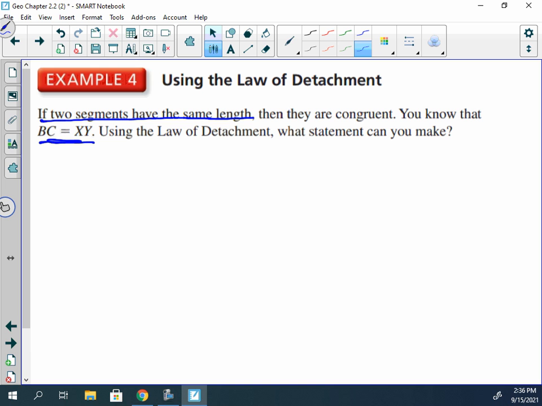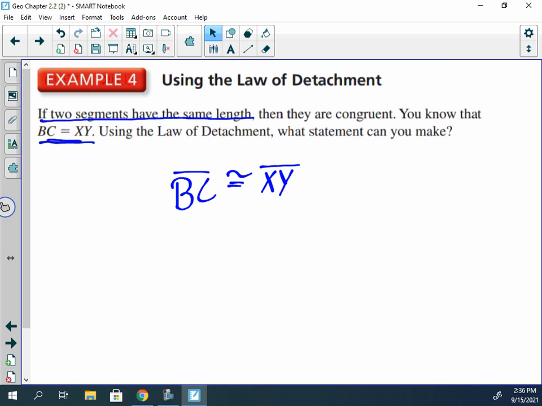That they are, so we can say that line segment BC is congruent to line segment XY. We could put it into words that line segment BC is congruent to line segment XY. But really, we're saying that the two are congruent. Because it satisfied the hypothesis of the statement, the conclusion has to be true.